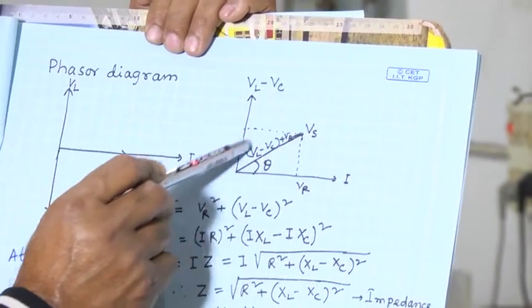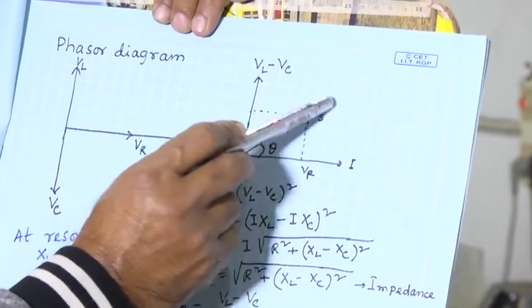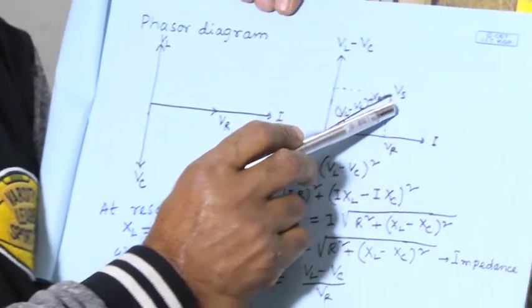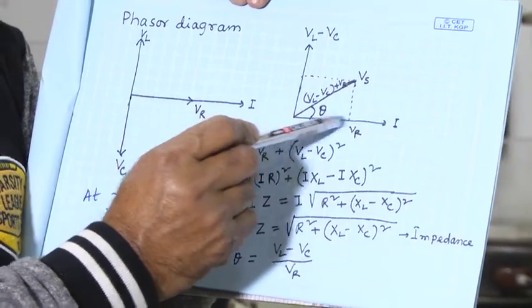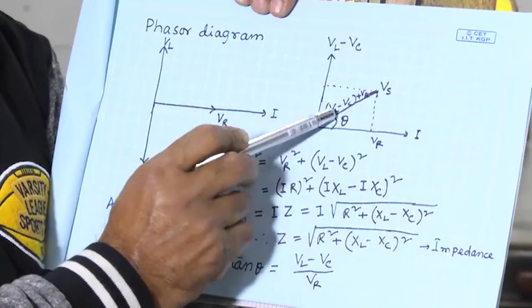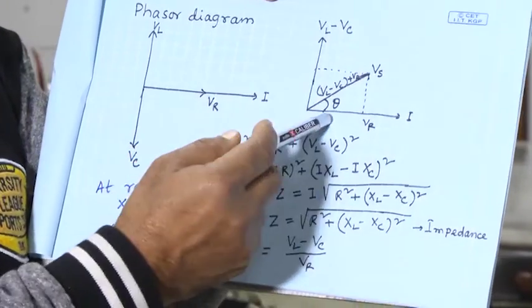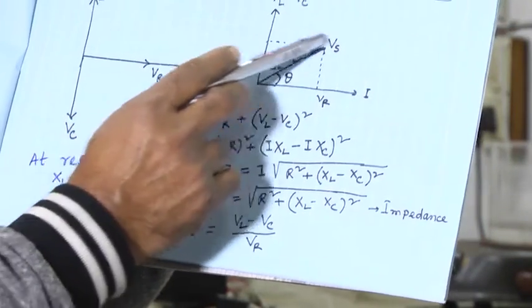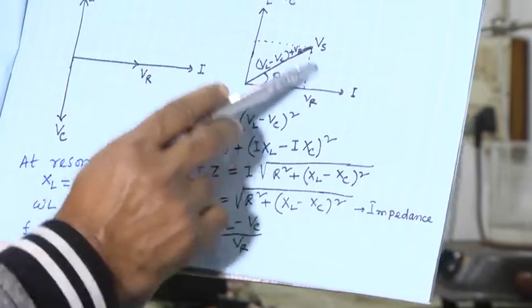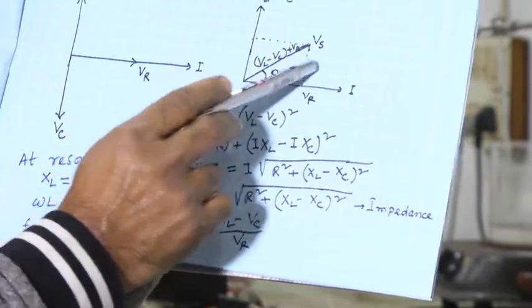This will be equal to the source voltage, and the angle between this and the current I is called the phase angle. In principle, you can find it from this triangle.